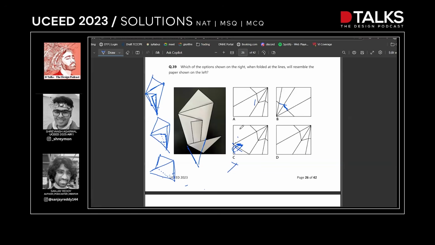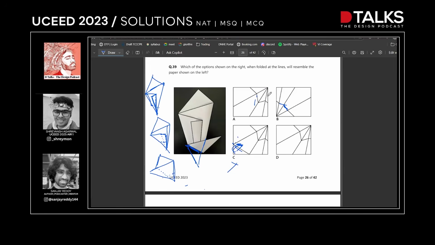How are you going to get this deepness? I think it will come from this fold, the last fold. Yes, I think this is the last fold only.